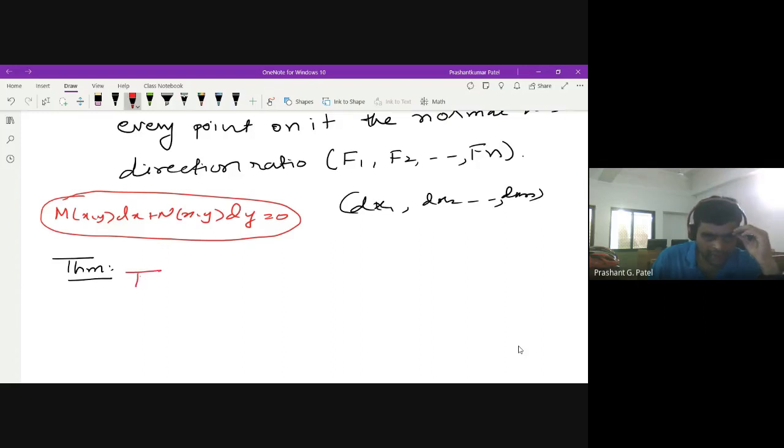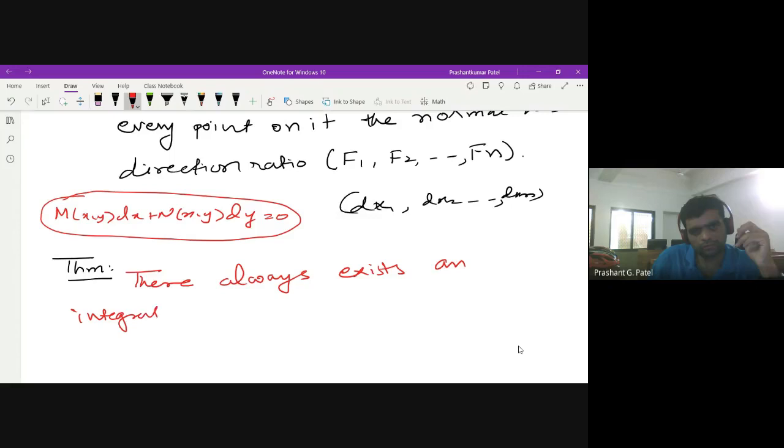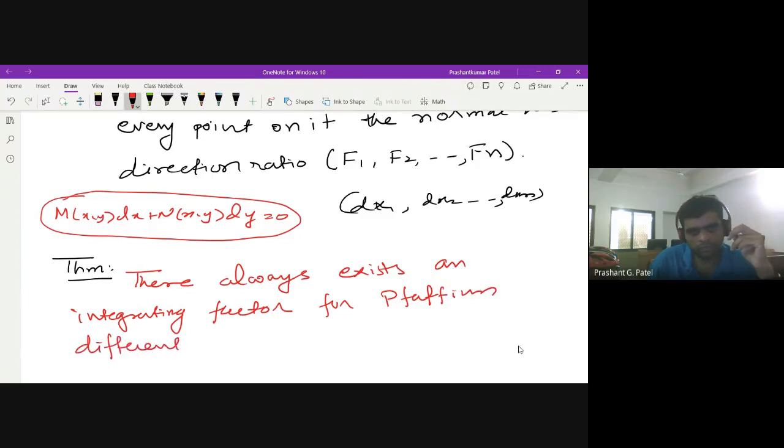So it says that there always exists an integrating factor for the Pfaffian differential equation in two variables.